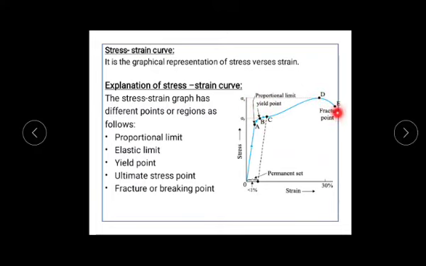After D, the material starts losing its property and starts breaking. So it is called the breaking point or fracture point. So what is the use of this stress strain curve? We can identify the characteristic of a material, whether it is hard or soft.